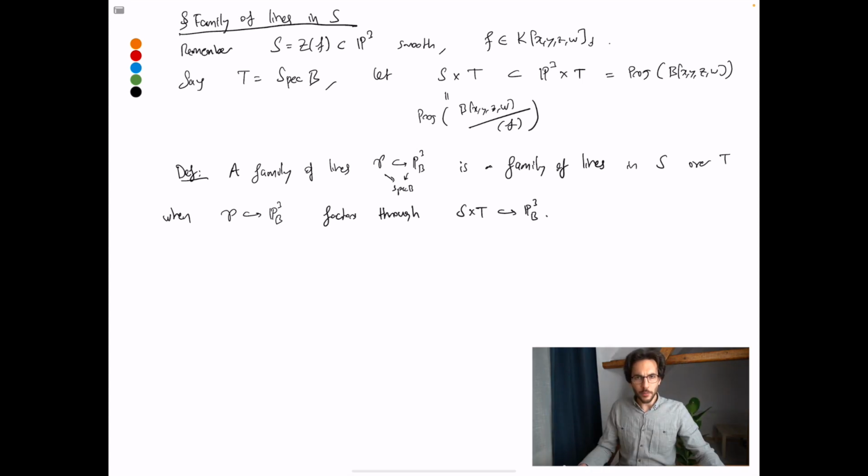So far so good, this makes sense conceptually. Let's now see what it does to a slightly more explicit family of lines. So I'll suppose that my family of lines lives inside an affine chart of the Grassmannian, so that I can write it down explicitly, and then convert this to something about equations.